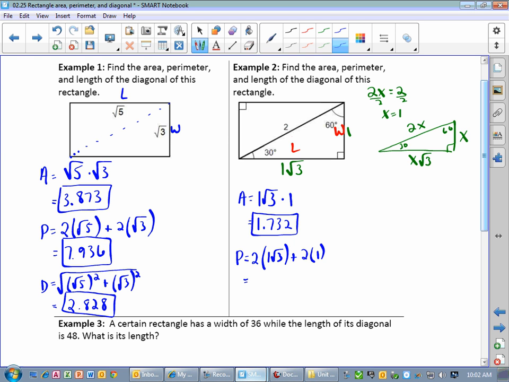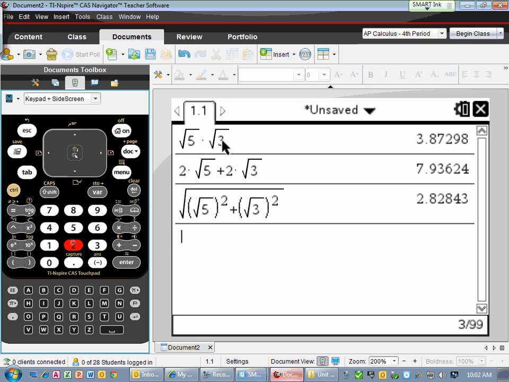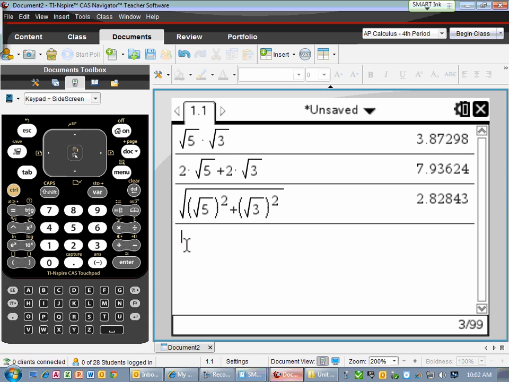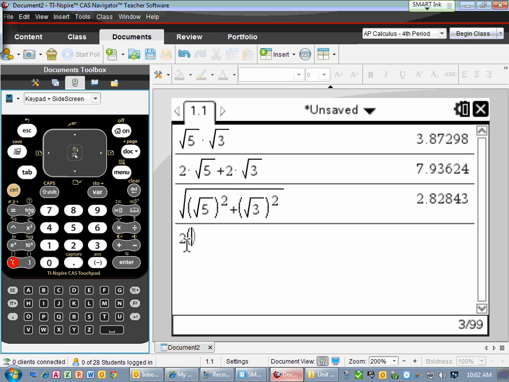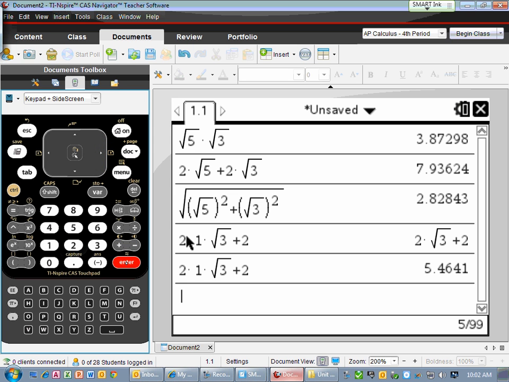And so again, we put that into the calculator. 2 times 1 square root of 3 plus 2 times 1. And we get 5.464.